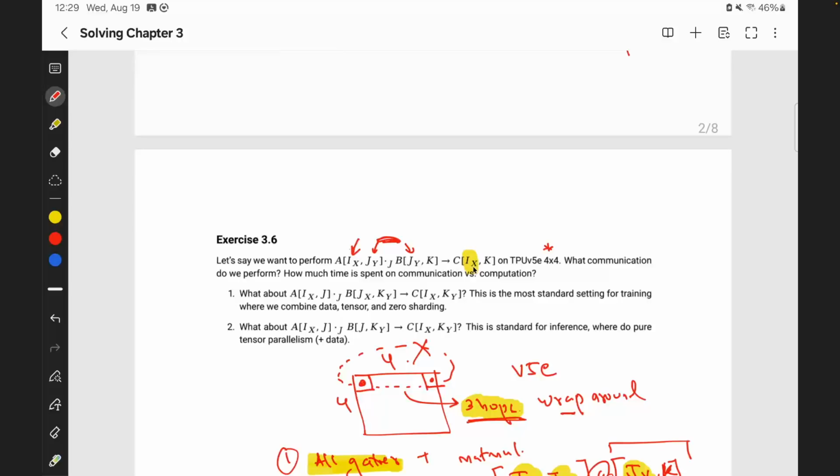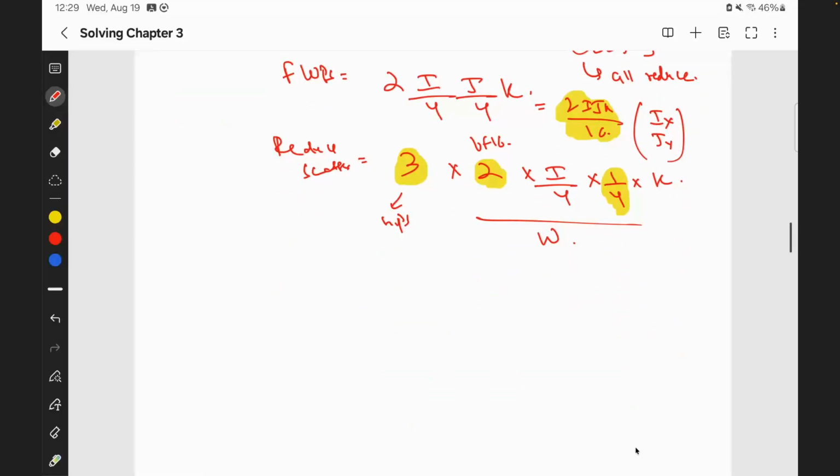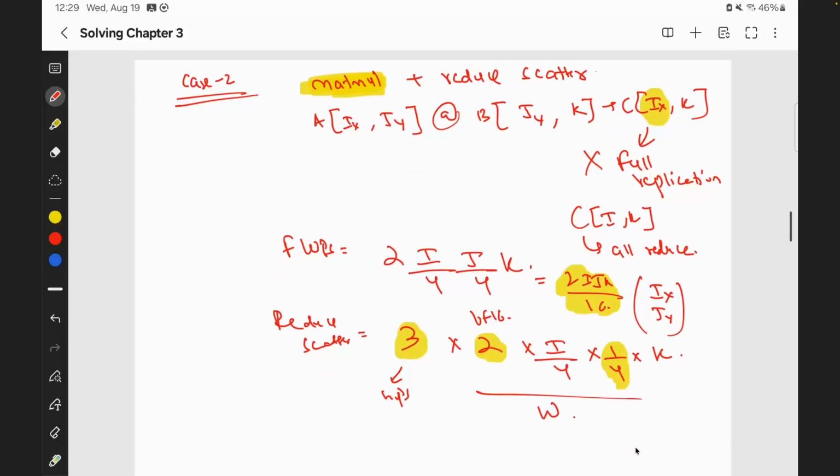If you want I replicated, then you do all reduce, but as it is I_X, you won't need to do all reduce. You can just do reduce scatter, and you can see you have fewer FLOPs to do, and the communication also decreases because you have another extra factor here.